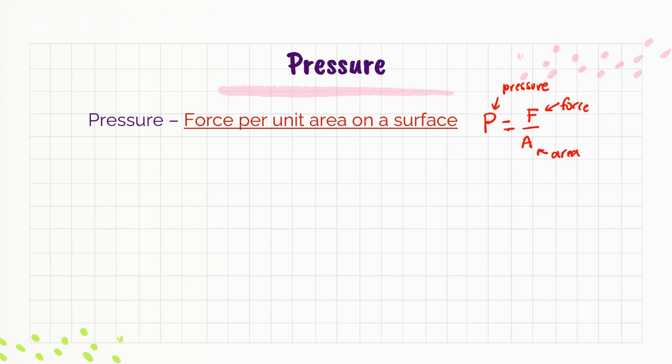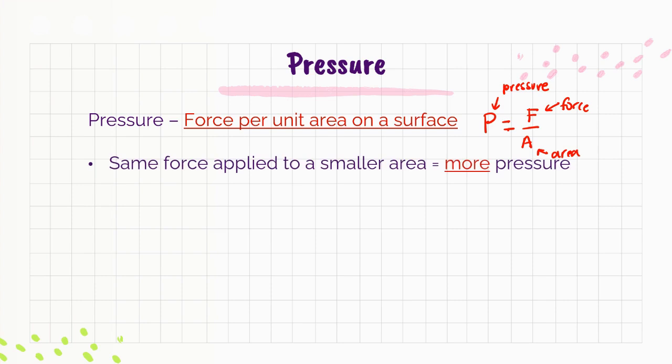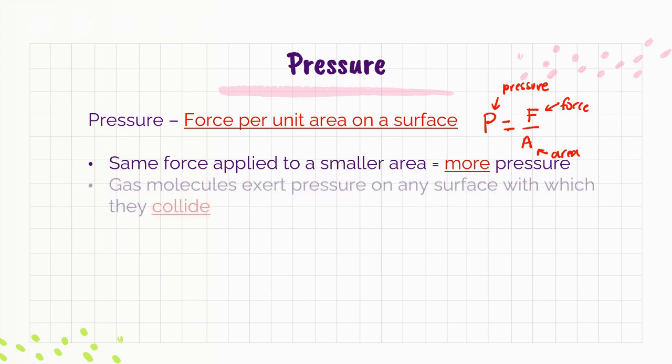Some specific points about pressure, some things that we should know. If you apply the same force to a smaller area, there's going to be more pressure. And I said if you increase the area, there's less pressure. So vice versa, if you decrease the area, there is going to be more pressure. Pressure is actually created when gas molecules collide with the surface of the container.